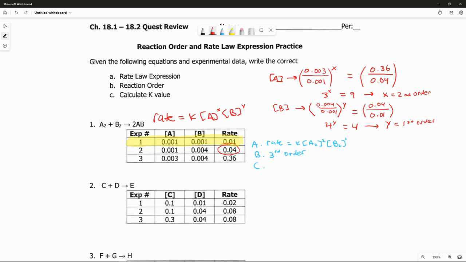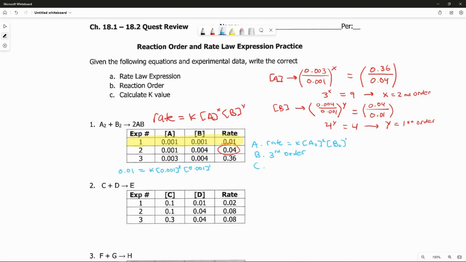So rate, 0.01, equals K times the concentration of A, which is 0.001, and then we carry over the order, which is 2, second power, times concentration of B, 0.001, to the first power.